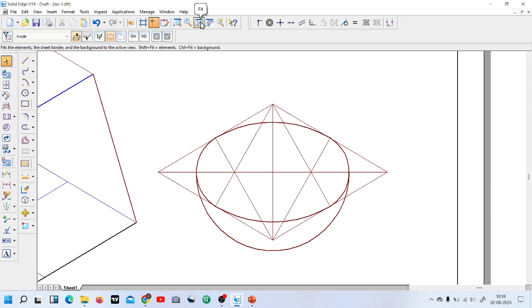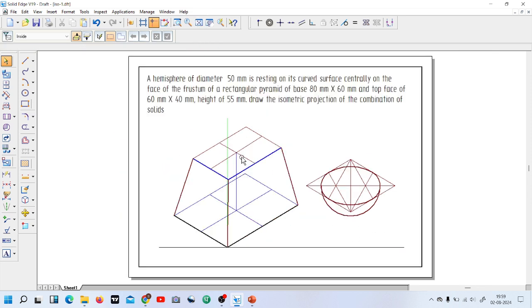Now let us go for placement of this hemisphere over the top surface of the frustum of a rectangular pyramid. As you know, the diameter of this hemisphere is 50 mm, so the radius becomes 25 mm.